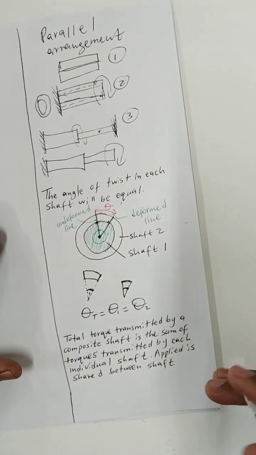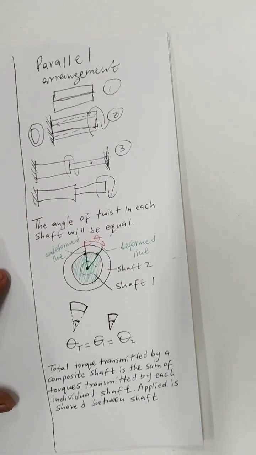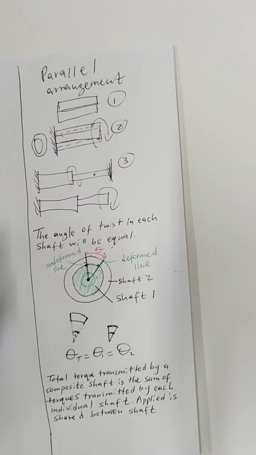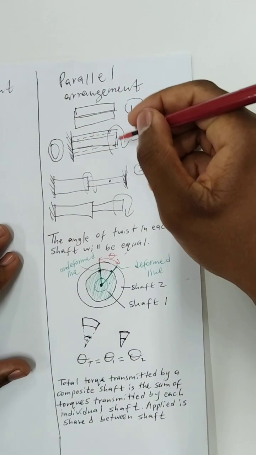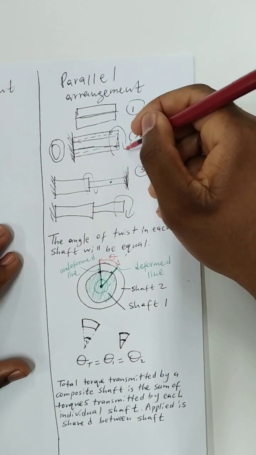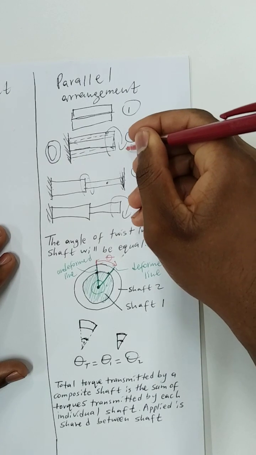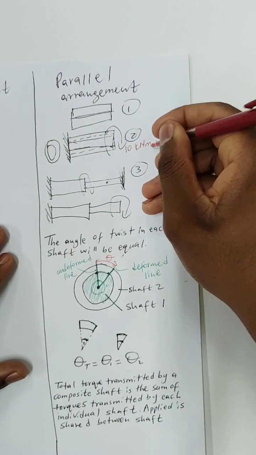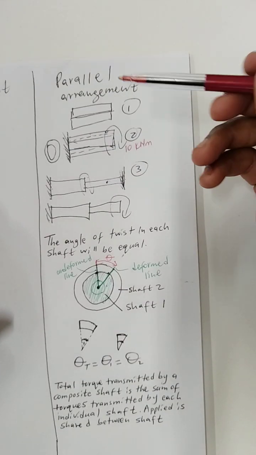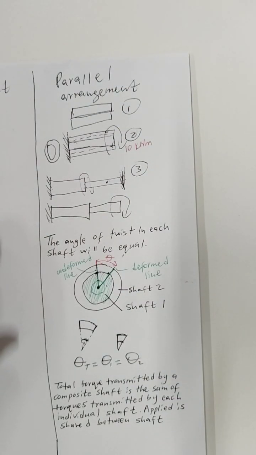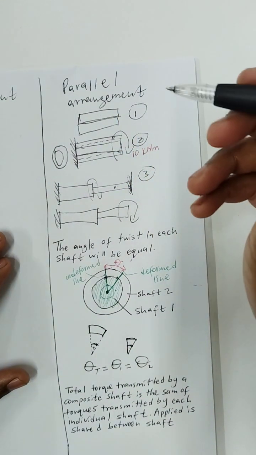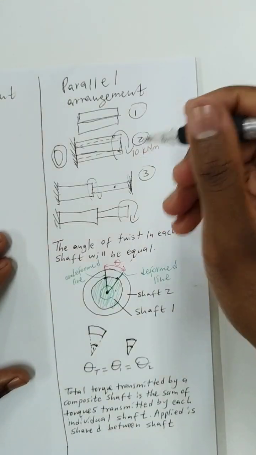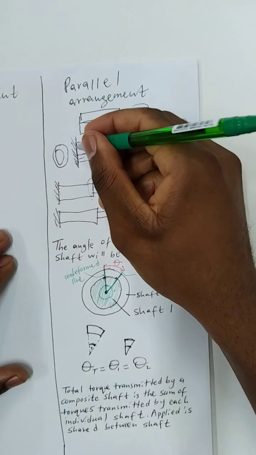So if you apply a torque here. Let's say that torque is 10 kNm. Is this drawing it? Okay, let me say this.